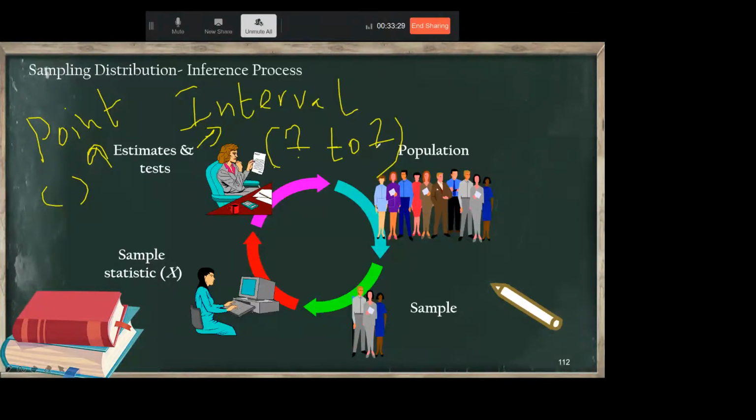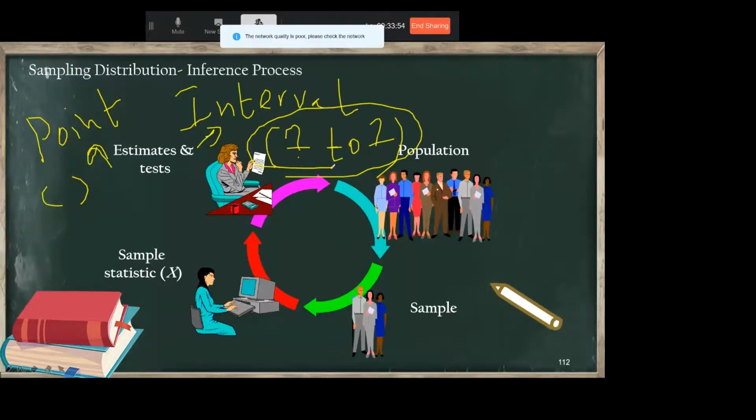If single, then point estimation. If interval, then interval estimation. For example, if I say that I'm 80% confident that the population value lies within this range, that is known as interval estimation, because it is a range.